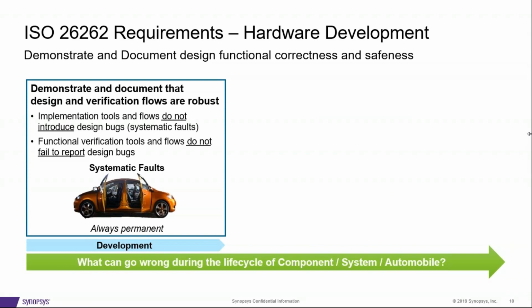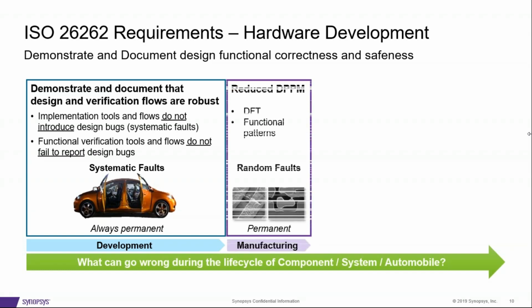So as I said, the first aspect, we need to be able to demonstrate and document that the design and the verification flows are robust. We don't want to end up with a systematic fault like that caricature picture there. When we go to manufacturing, we want to make sure that we ship a good product to the end application. So we use design for test to minimize shipping escapes or defective products to the end application.